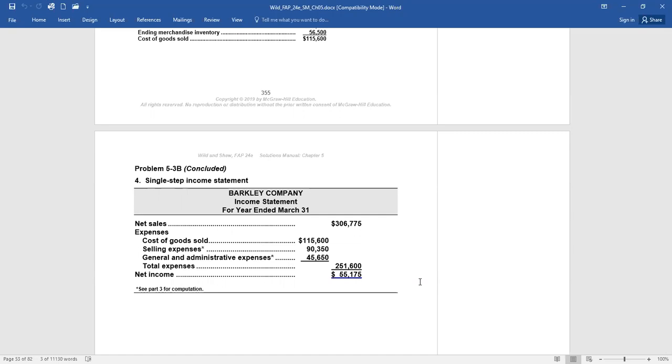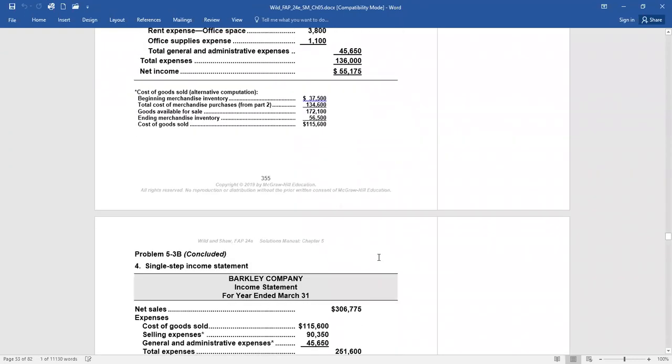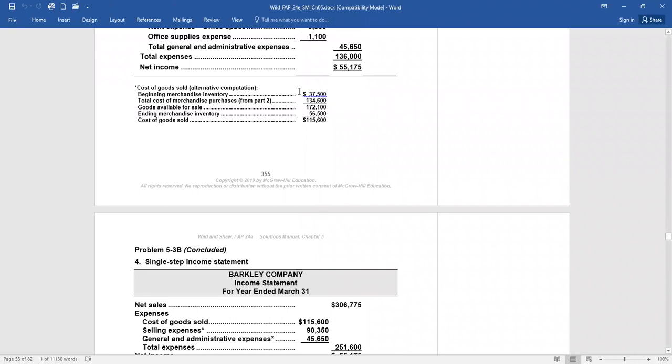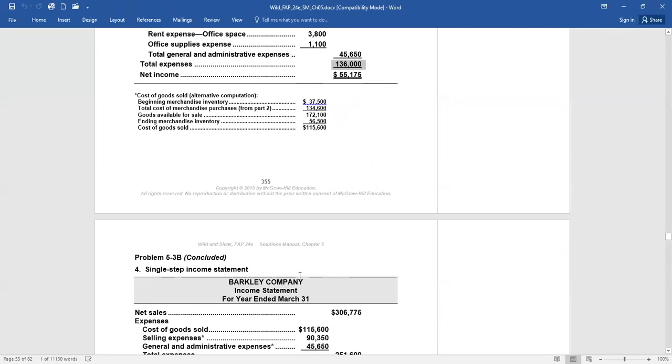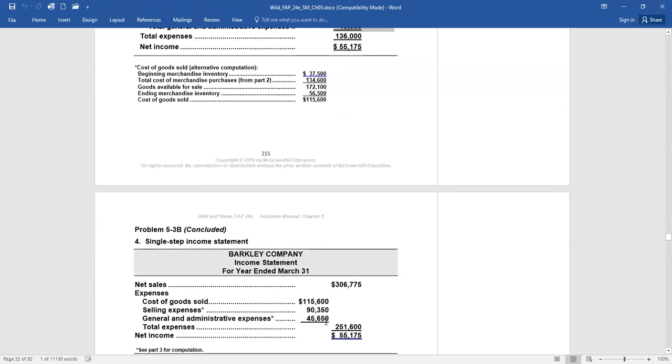Okay, what they did is they just took the computations from part 3 up here and said, okay, we know our total selling expenses are $90,350. We know our total general and administrative are $45,650. So just bring those down.